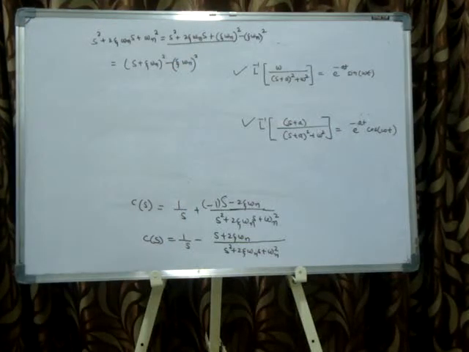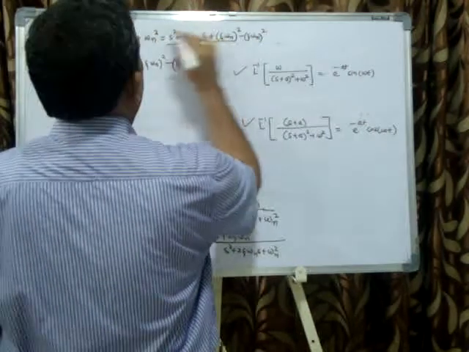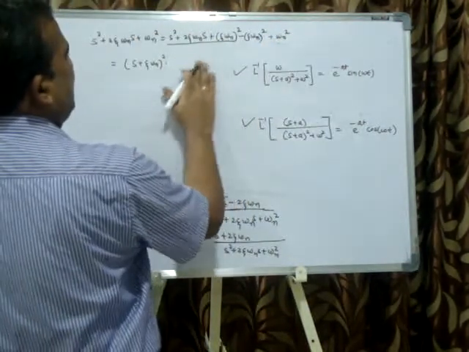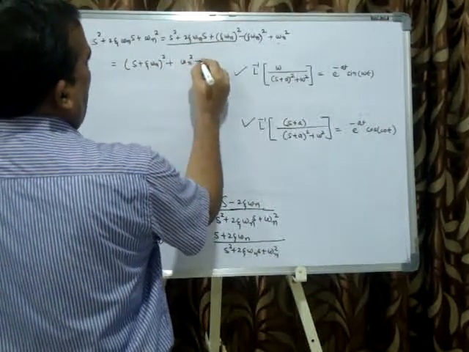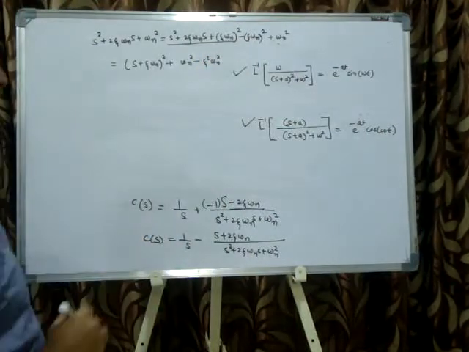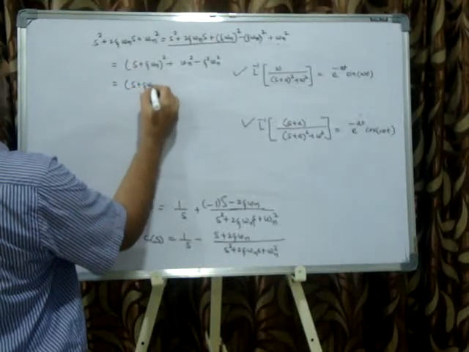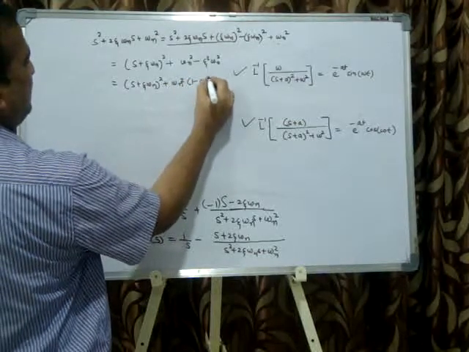Okay, s square plus 2 zeta omega n s plus omega n square, plus there is an omega n square you added; the last term is plus omega n square. So now I'll write plus omega n square minus zeta square omega n square. Now s plus zeta omega n whole square plus omega n square into bracket 1 minus zeta square.